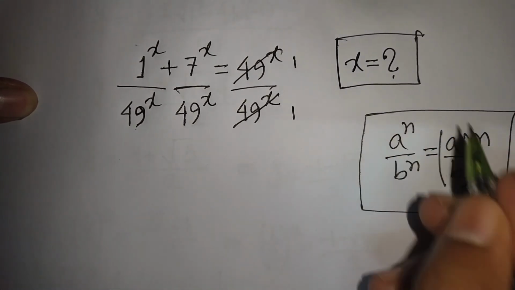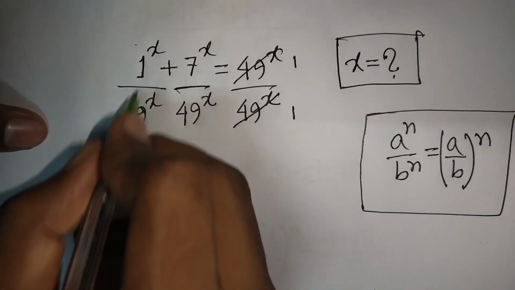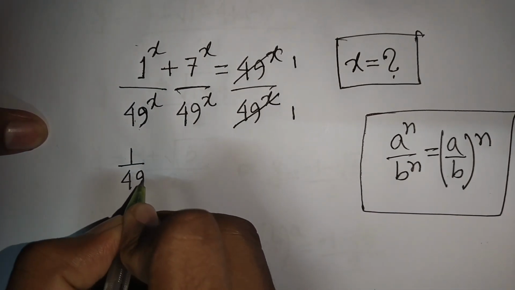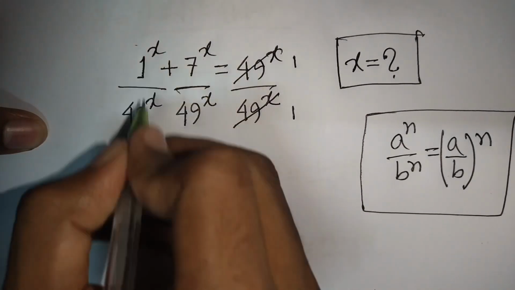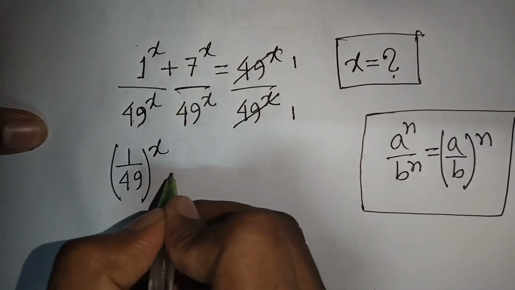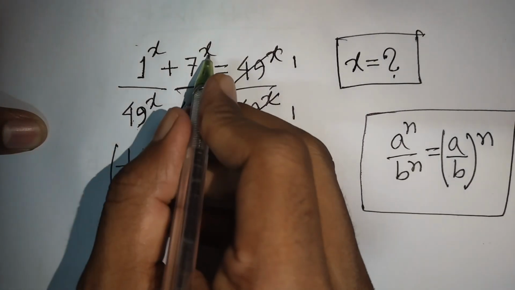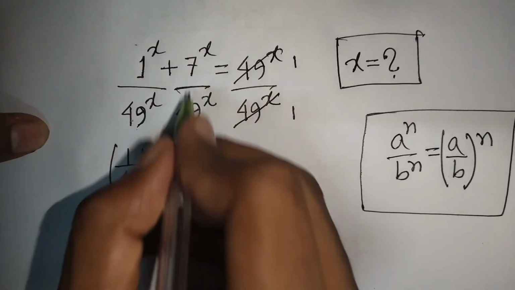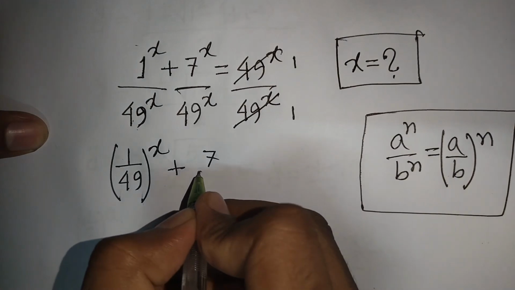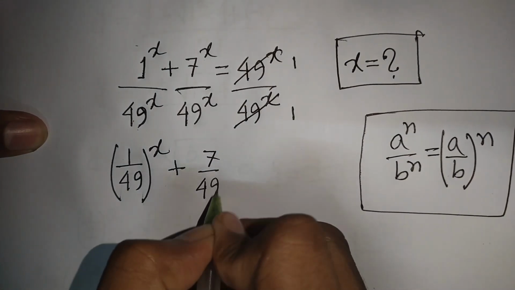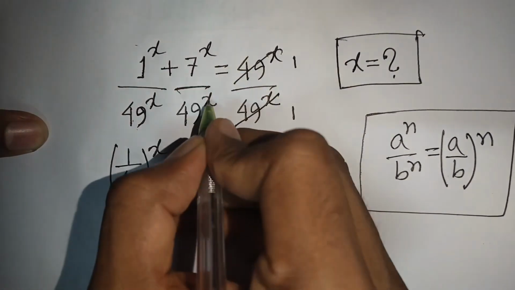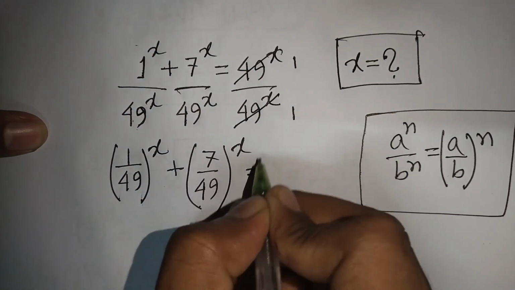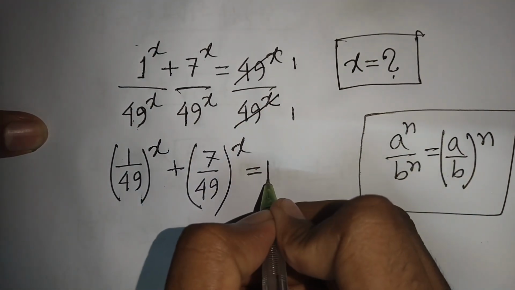So according to this formula, I can write here 1 over 49, then bracket common power x, plus again x in power but different bases. So I can write here 7 over 49, then bracket common power x is equal to 1 divided by 1, that means 1.